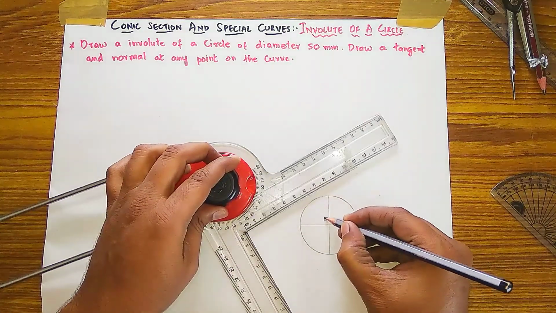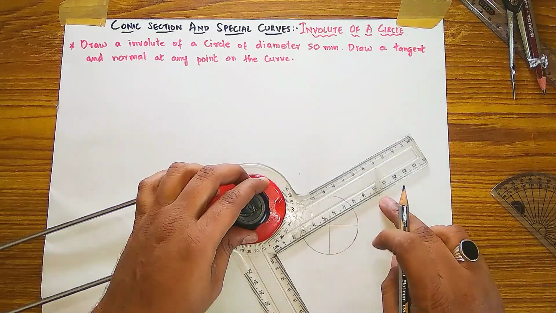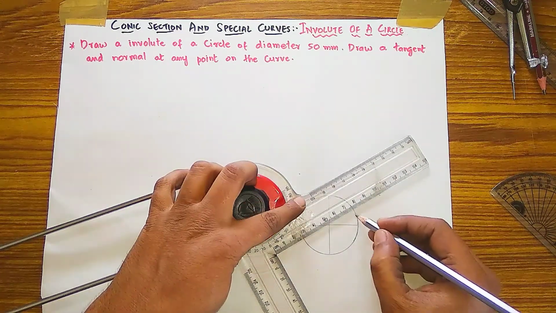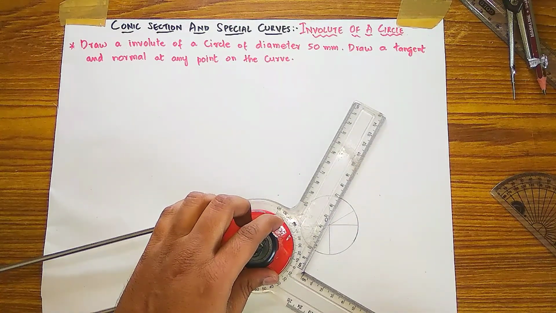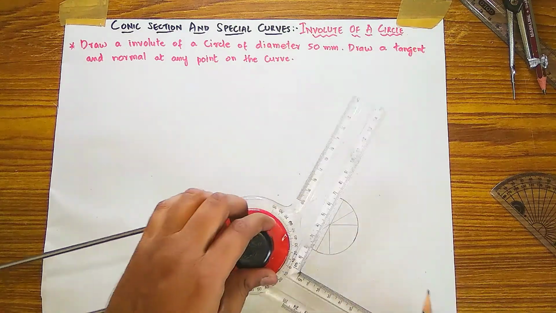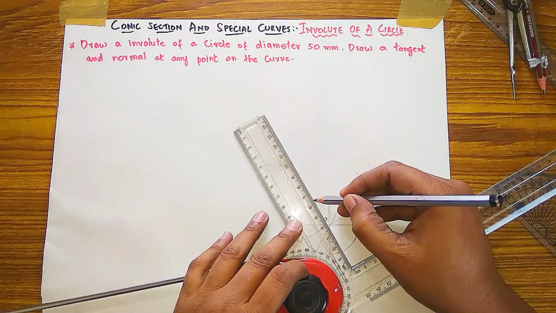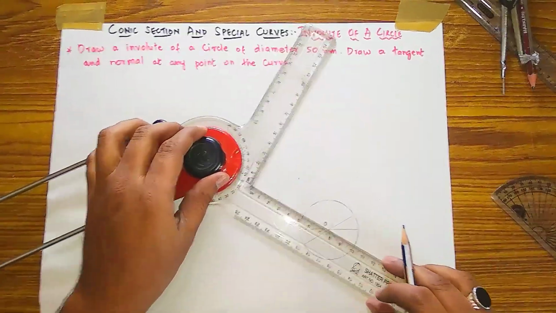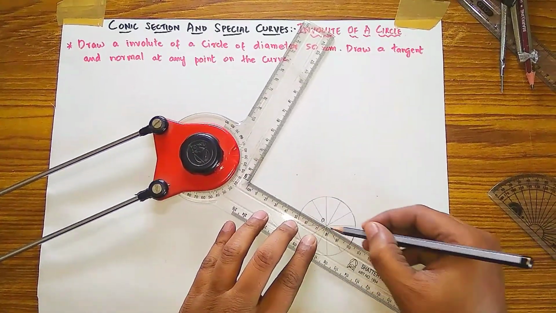On the circumference, label the point as O, the origin, and from that origin to the dot adjust your mini drafter scale and draw a diagonal like this. Same with another point, adjust with the circumference and draw a diagonal, and the same from the other points.